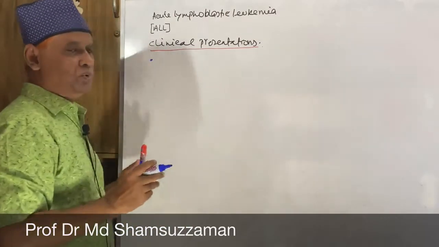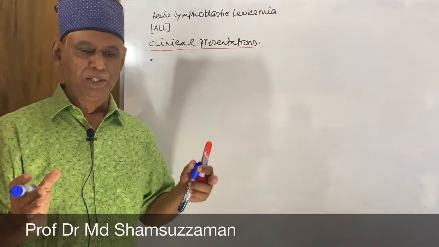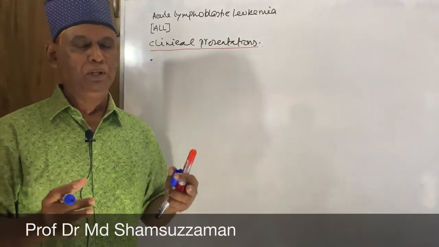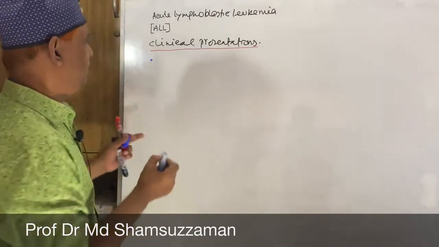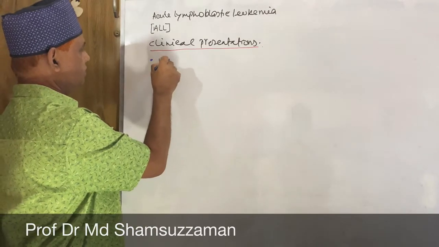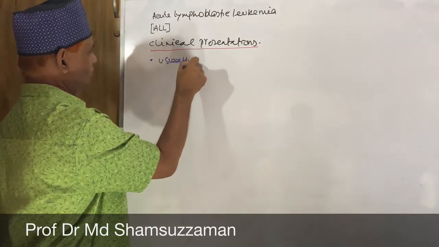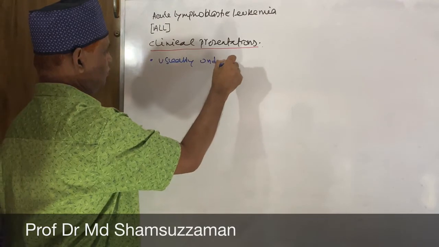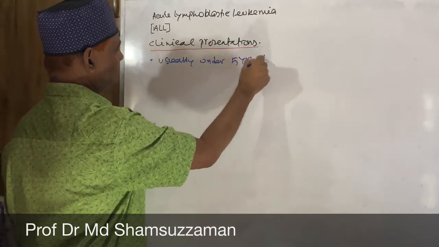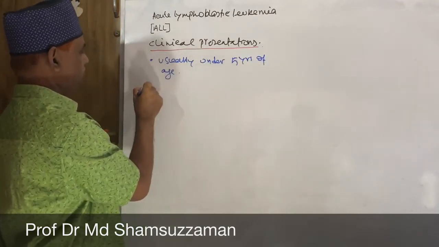Age of occurrence: you know acute lymphoblastic leukemia occurs in childhood. Usually it occurs under 5 years of age.